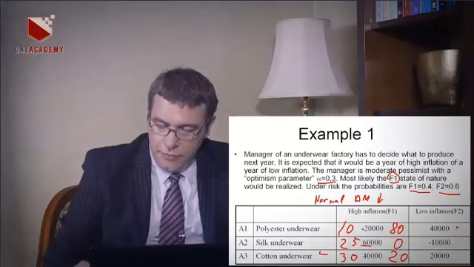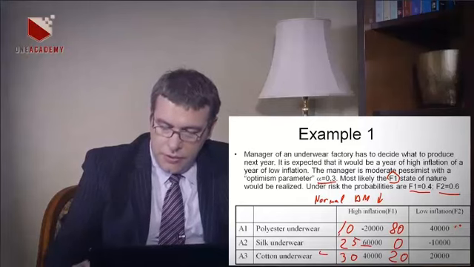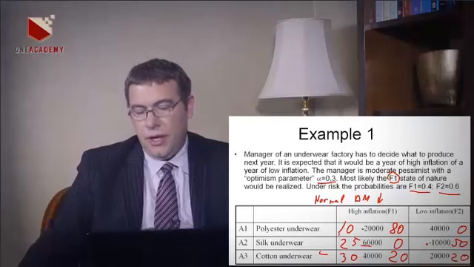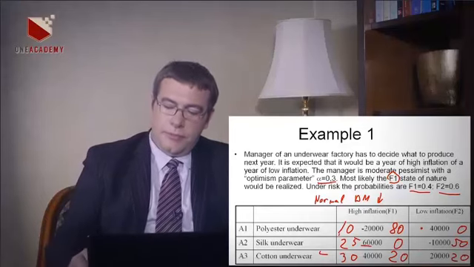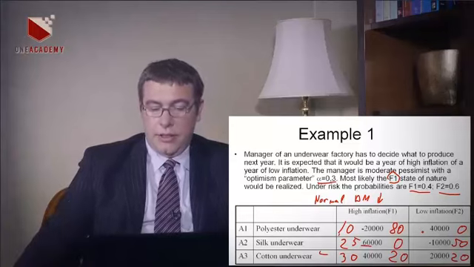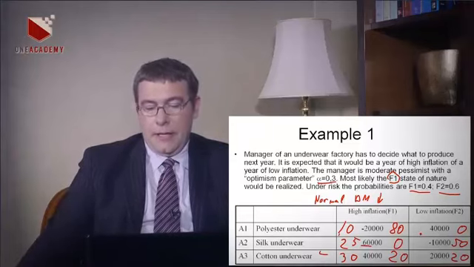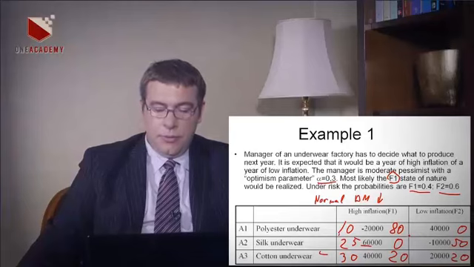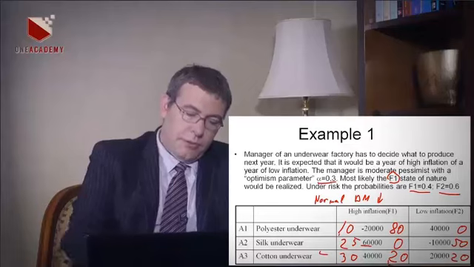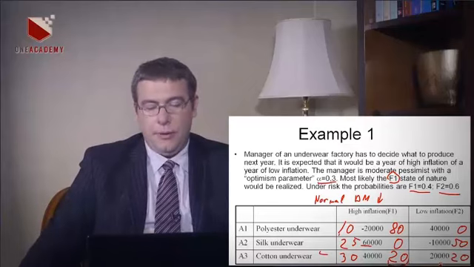It would have 0 here, 50 here, and 20 here. Then in the new matrix we apply the Wald decision rule, the minimax, and we end up with the best possible alternative being cotton underwear.